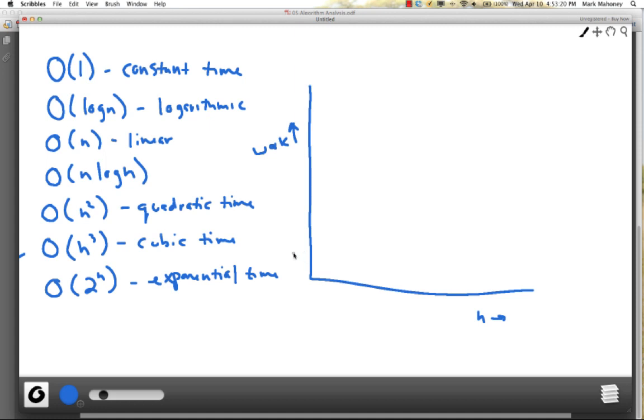Okay, constant time would look like this. So again, it doesn't matter if n is small or large. It takes the same amount of work no matter what. Logarithmic time. A logarithm, like I said, does grow over time, but it grows pretty slowly.